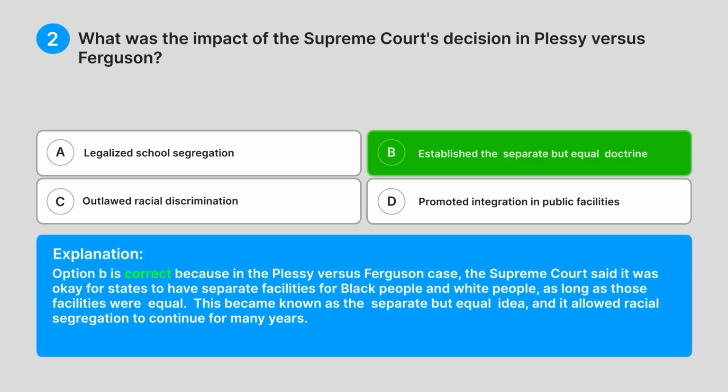Explanation. Option B is correct because in the Plessy v. Ferguson case, the Supreme Court said it was okay for states to have separate facilities for black people and white people as long as those facilities were equal. This became known as the separate but equal idea, and it allowed racial segregation to continue for many years.